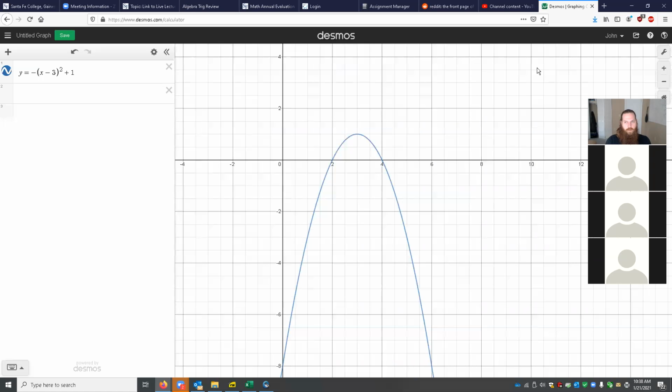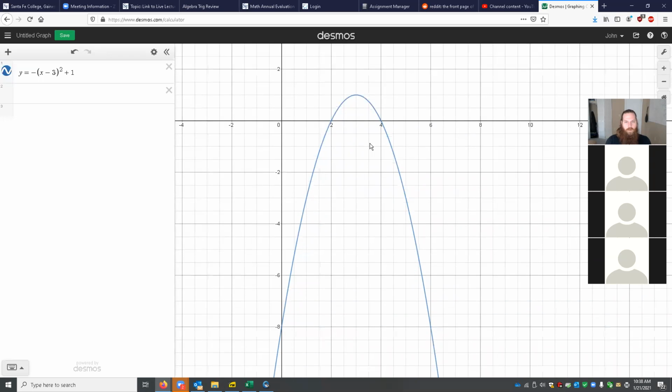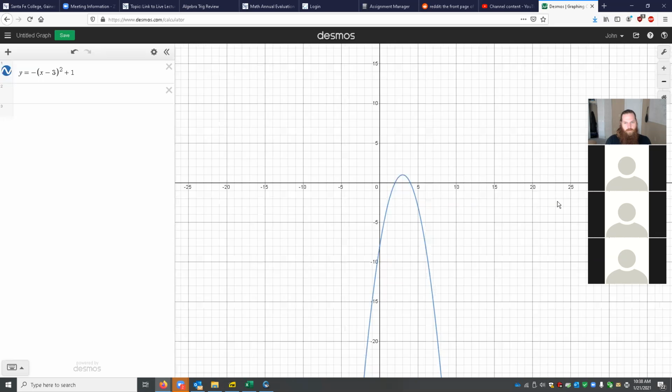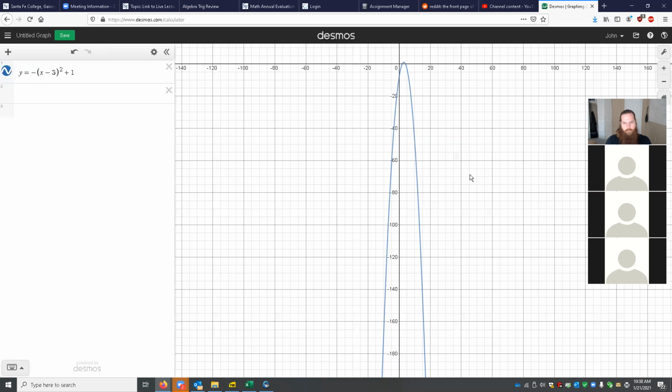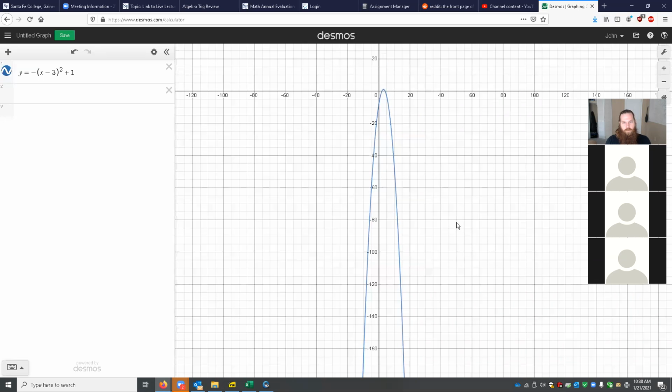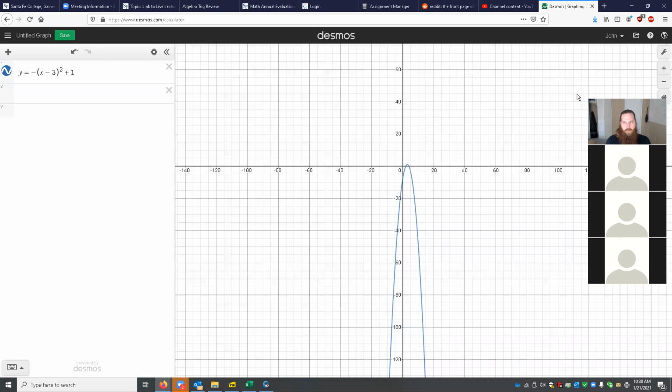It has that vertex at 3, 1, and it opens down. This one's a little bit different than ours, but close enough for jazz. If you zoom out and out and out, you have to imagine smooshing this whole graph down onto the x-axis.